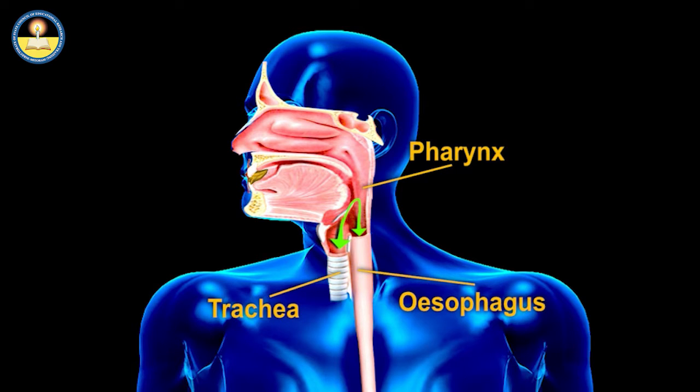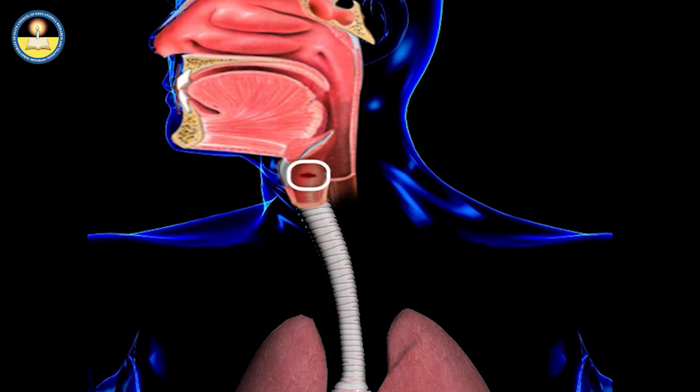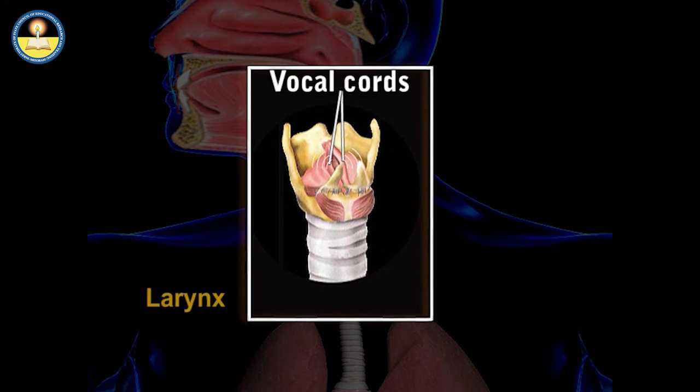The trachea is also known as the windpipe. As we studied in the digestive system, the epiglottis closes off the trachea when we swallow. Below the epiglottis is the larynx or voice box. The larynx is lined by two vocal cords that stretch across it.